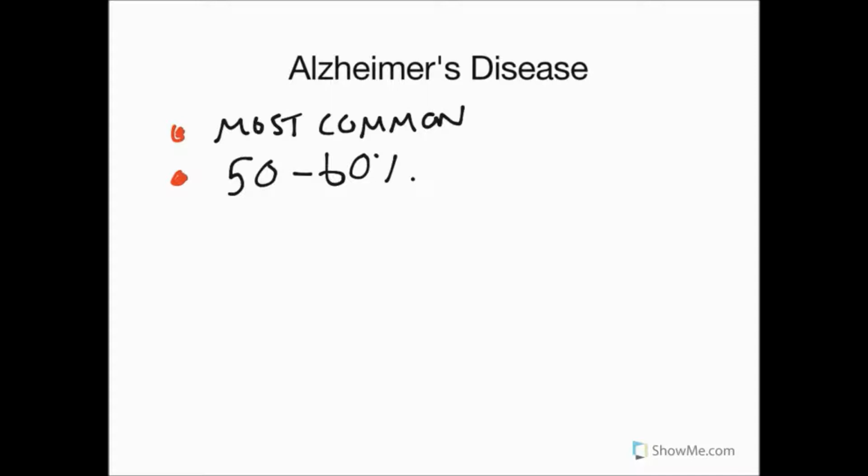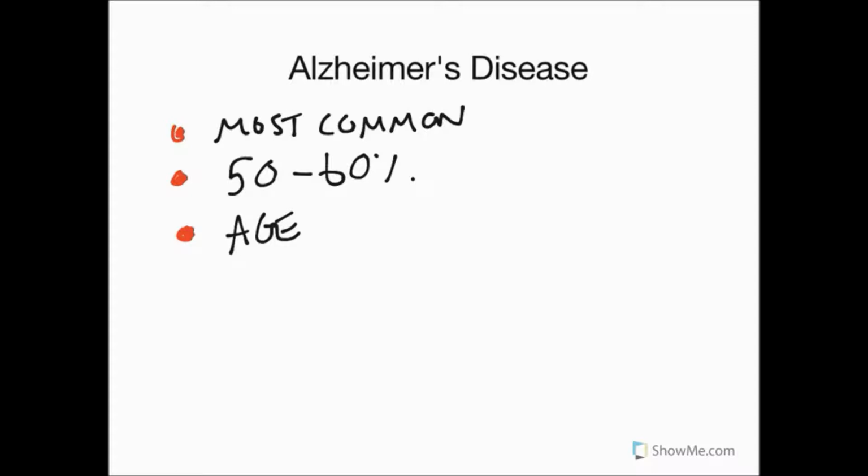And because as a population we're living longer, we're seeing more people with the disease, and this is a disease that affects the elderly. So age is certainly something which would signify an increase in your risk of getting the disease.